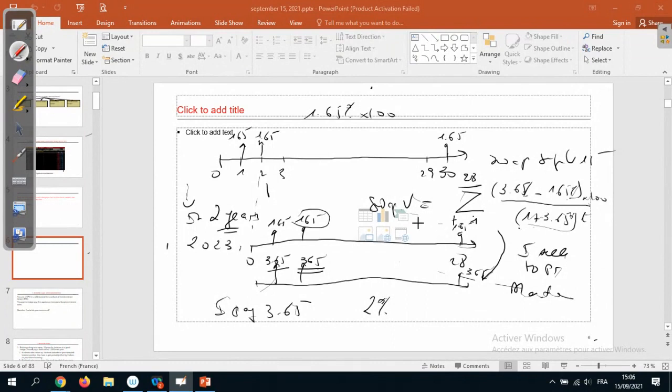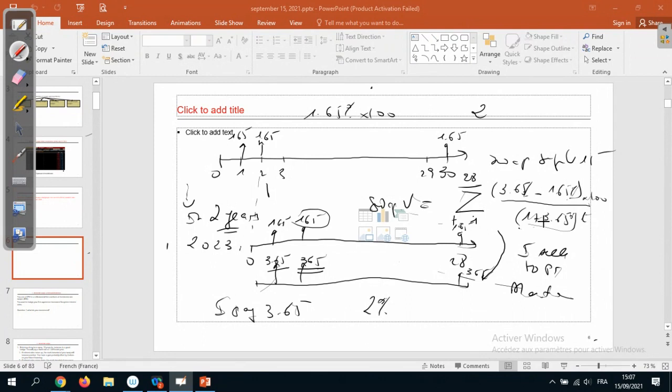And if you discount at 0 interest rates, the value of your swap is 2 million. It's 2% of 100. But as you discount, it's slightly lower.